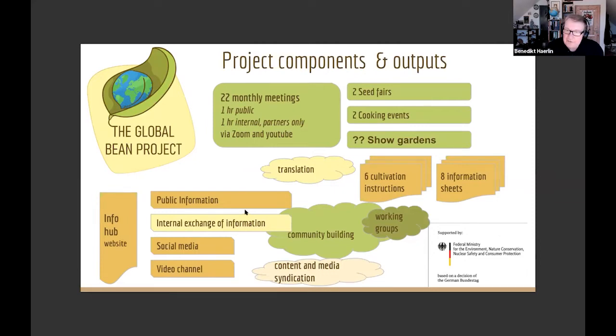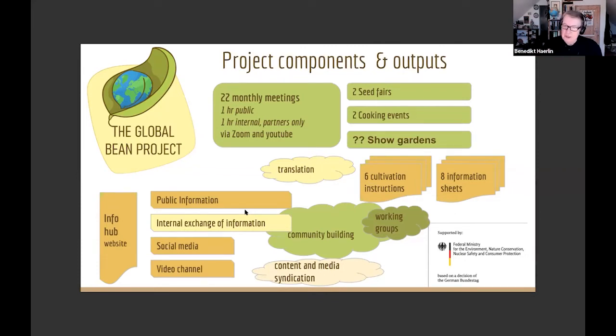We want to offer translation for specific pieces of information. And the whole idea of this project is that we would like to bring together organizations, individuals, companies, institutions who want to promote the use of pulses, the use of leguminous plants in gardens, in school, in education, everywhere but in the professional arena.